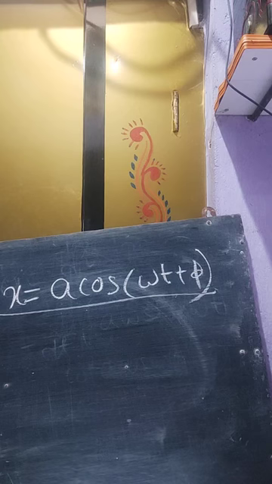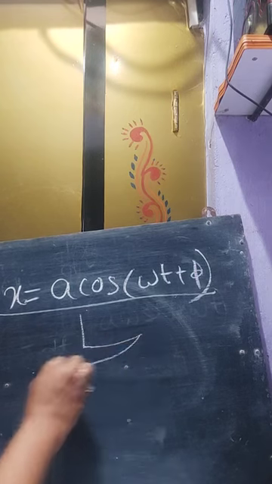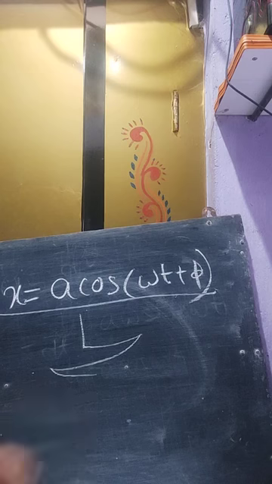Now, what are the characteristics of linear SHM? The first is that the motion of the particle is in a straight line, to and fro about a fixed position, which is called the equilibrium position.